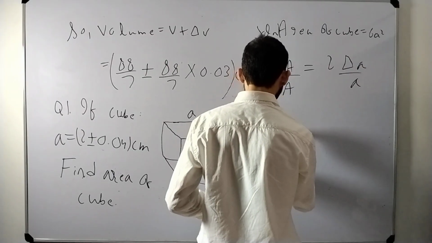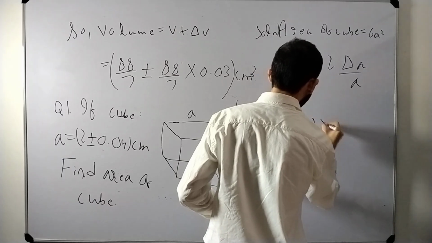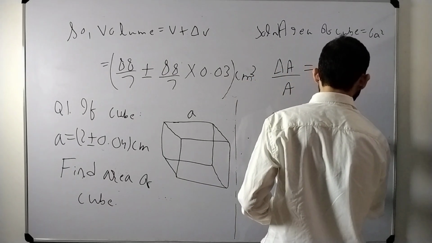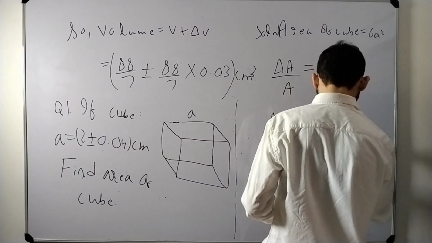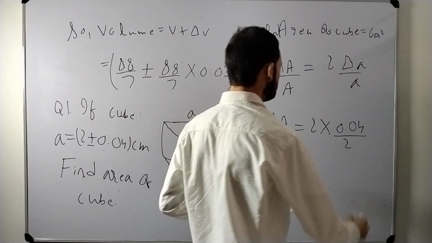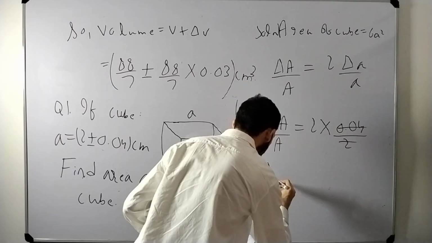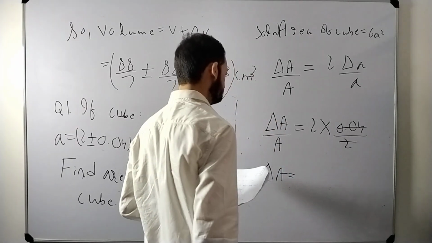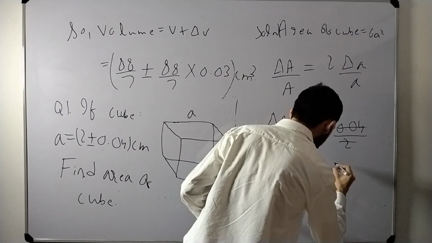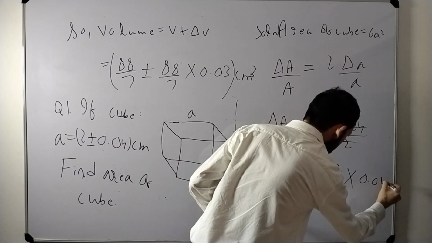Del A becomes A, and this becomes what? 0.04 upon 2. Okay, students. So you divide it and you get del A upon A as 6 into 2 square side square into 0.02.